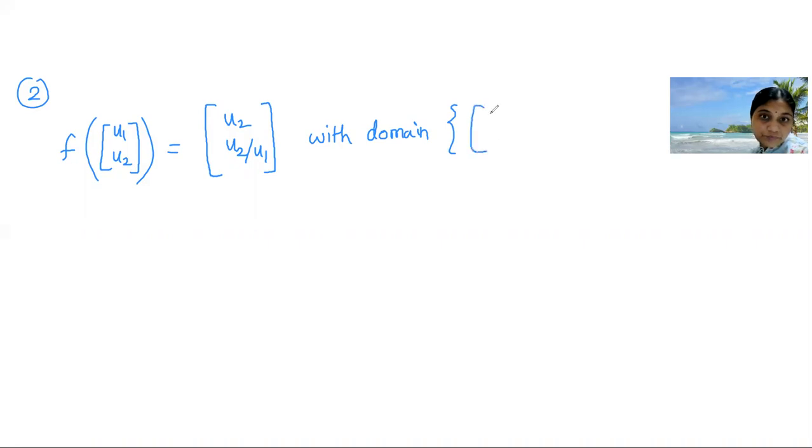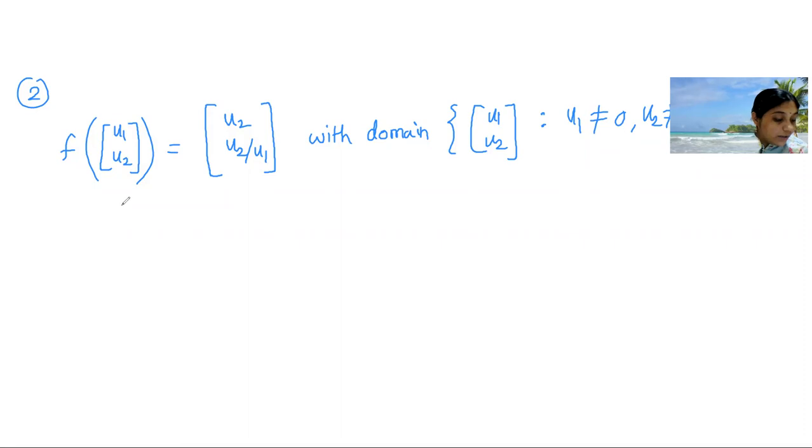Okay, all points (u1, u2) in R2 such that u1 is non-zero and u2 is non-zero. So the domain is not R2 but the ordered pairs of non-zero real numbers. So this is my function and I want to find fixed points of this f.